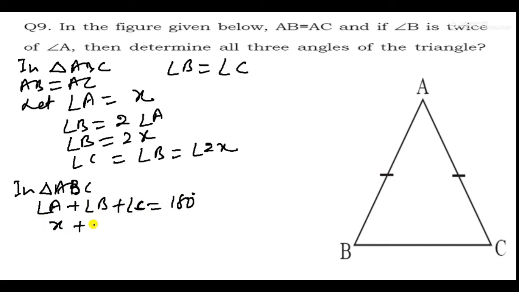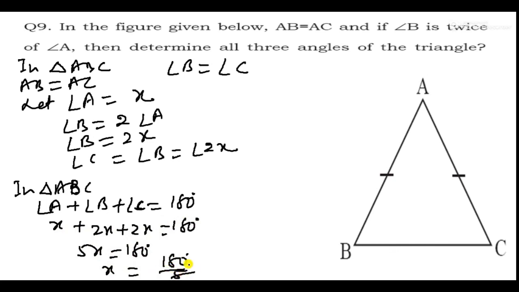Angle A is X, angle B is 2X, angle C is also 2X. It will be 5X is equal to 180 degrees. So X is equal to 180 degrees divided by 5. So X will be equal to 36 degrees. So the angle which one?